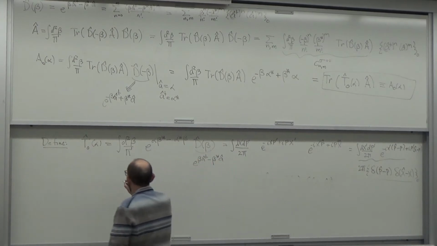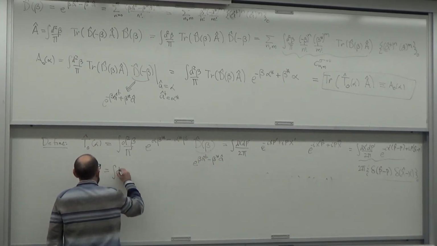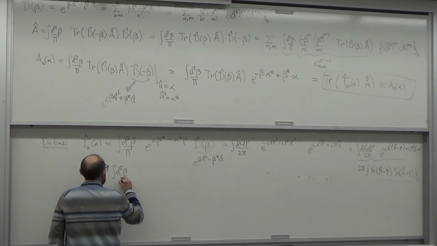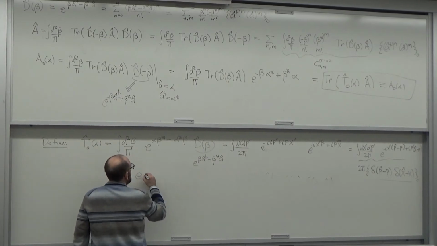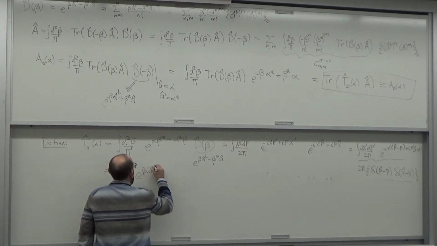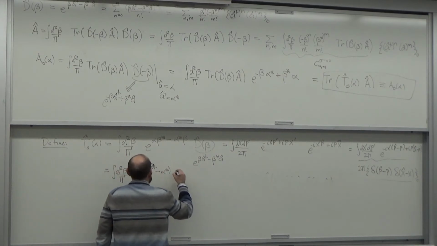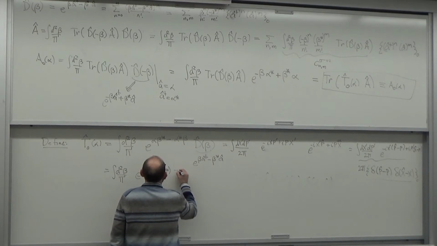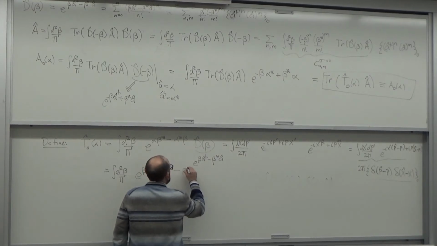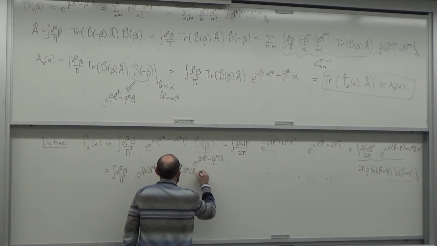So this is equal to the integral of e to the beta a dagger minus alpha star minus beta star a.